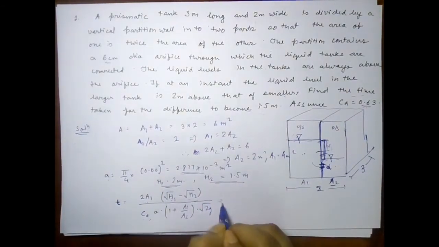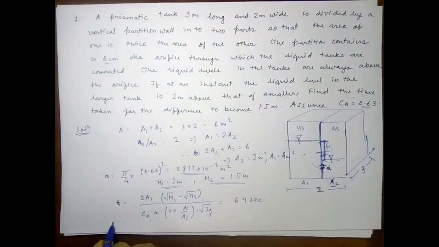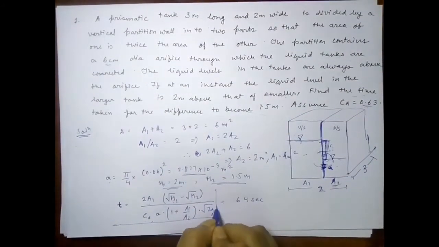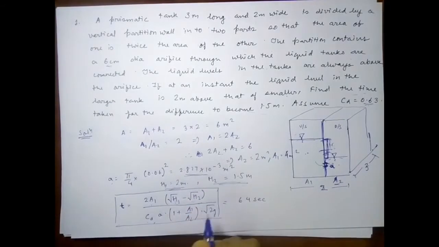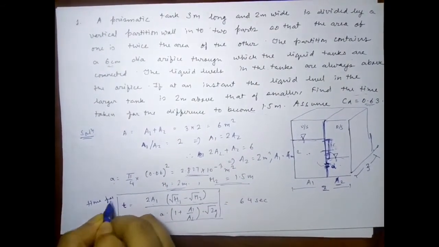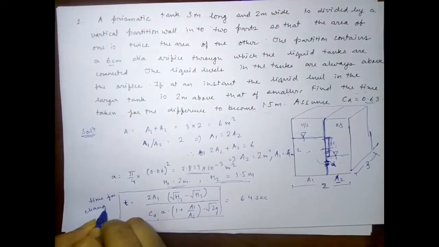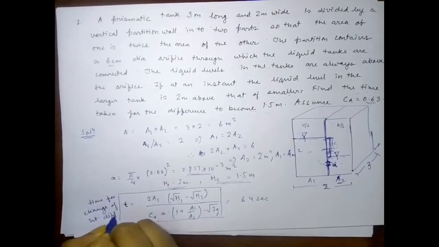Therefore on substituting the values we will get time is equal to 64 seconds. Please try to note the formula, guys, because this formula is not given in the theory. This is the time for change of height difference.